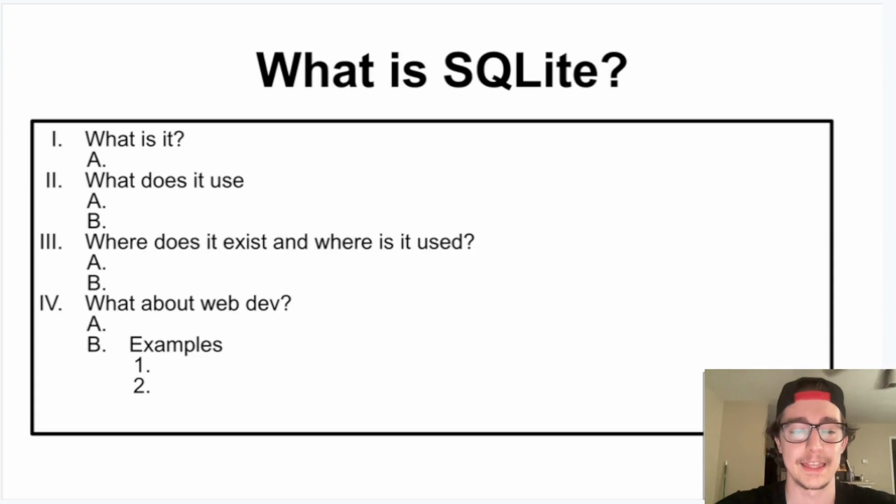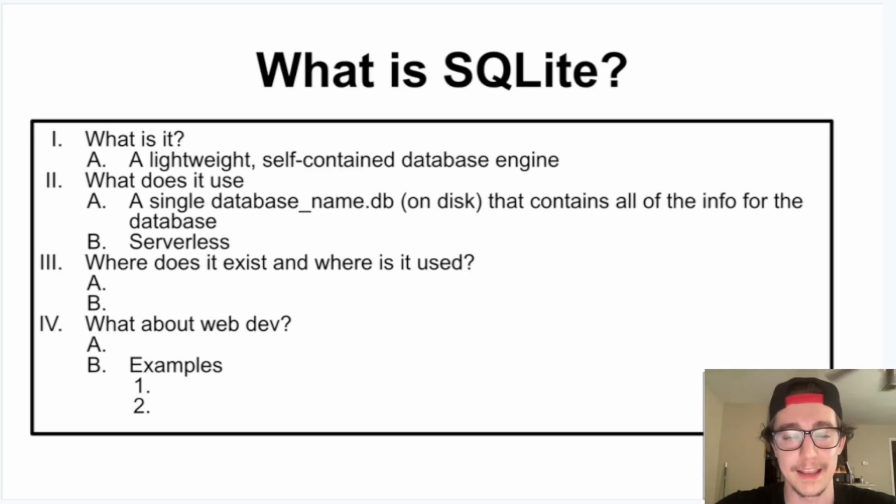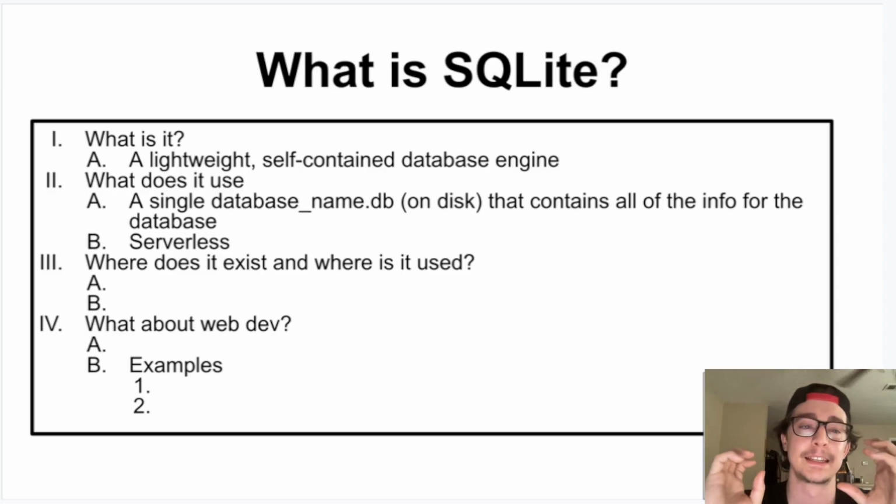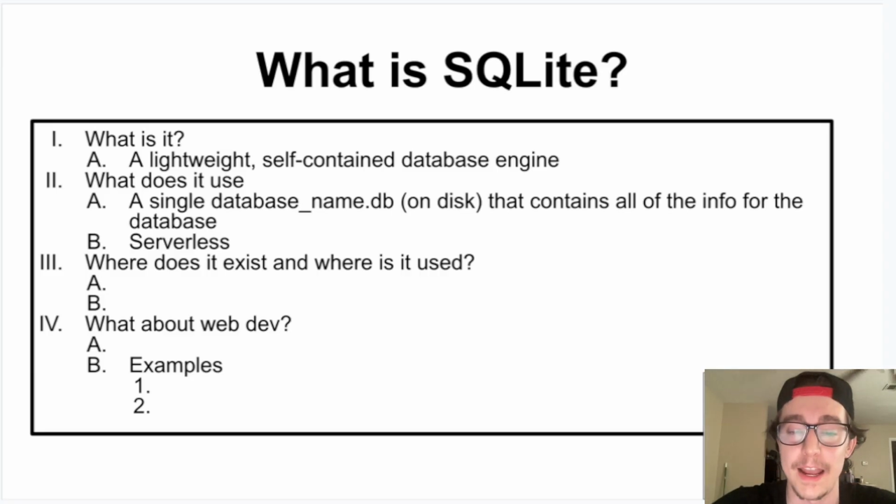We already said that it is a lightweight database engine, and what that means is that it's specifically self-contained. It's self-contained in that all of the data we're going to be working with is going to be stuck to one file, and specifically a .db file. This file, you can almost think of it as a text file, but it's essentially what's going to contain all of our tables, not just one table, but several tables that you might work with in a database.